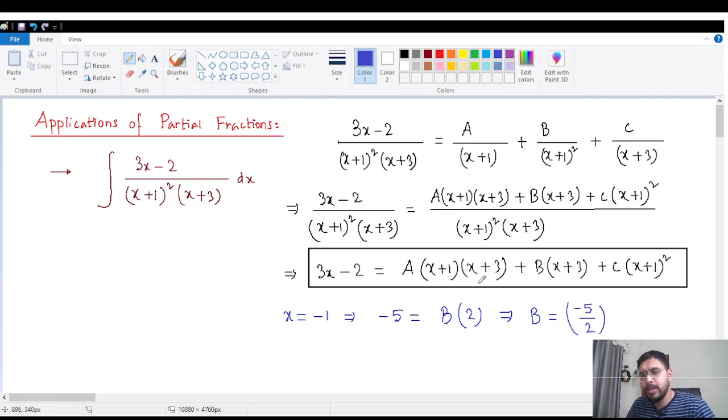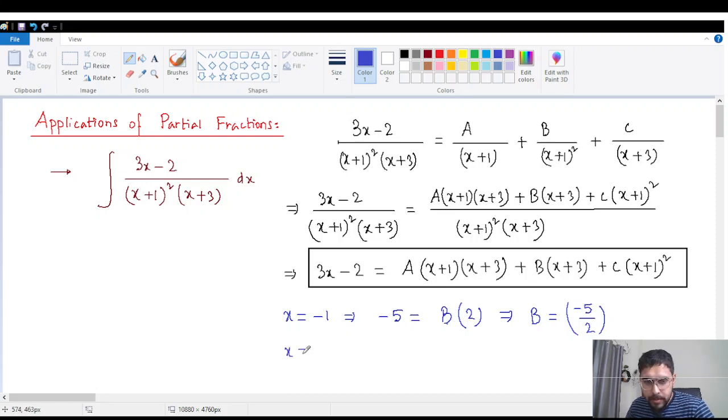Now again, if I put x equal to -3, A gets eliminated, B gets eliminated, but this time C stays. A gets eliminated because x is -3, so -3 plus 3 will become 0, and A times 0 is 0. Similarly, -3 plus 3 will become 0 in the second one also. B times 0 is also 0. So C will be remaining.